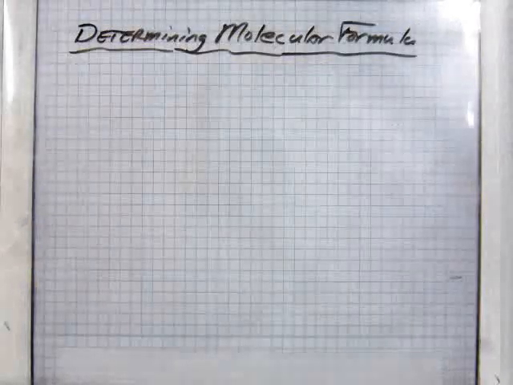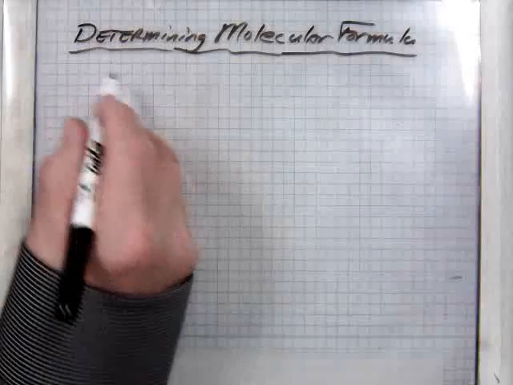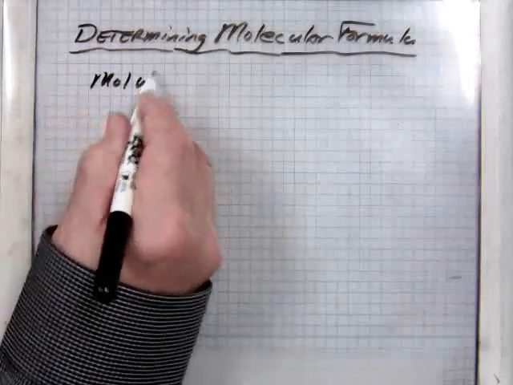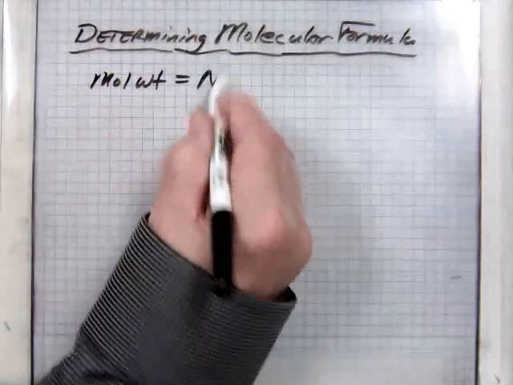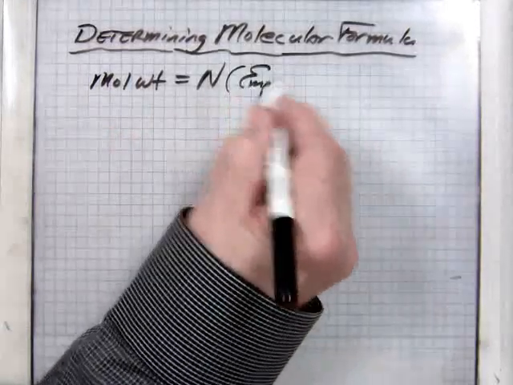Determining the molecular formula. We've already given you the relationship between empirical formula weight and molecular weight. That is, the mole weight is always equal to a whole number multiple times the empirical weight.